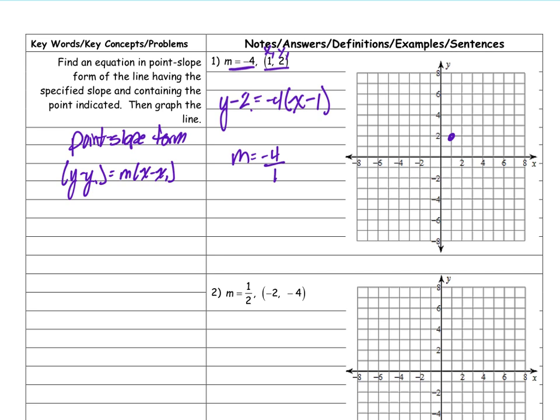So I can go 1, 2, 3, 4 down, over 1, forward 1, or I could go up 4 and back 1 and find my y-intercept that way. I don't have to find it algebraically. I can find it on the graph. And then draw your line.